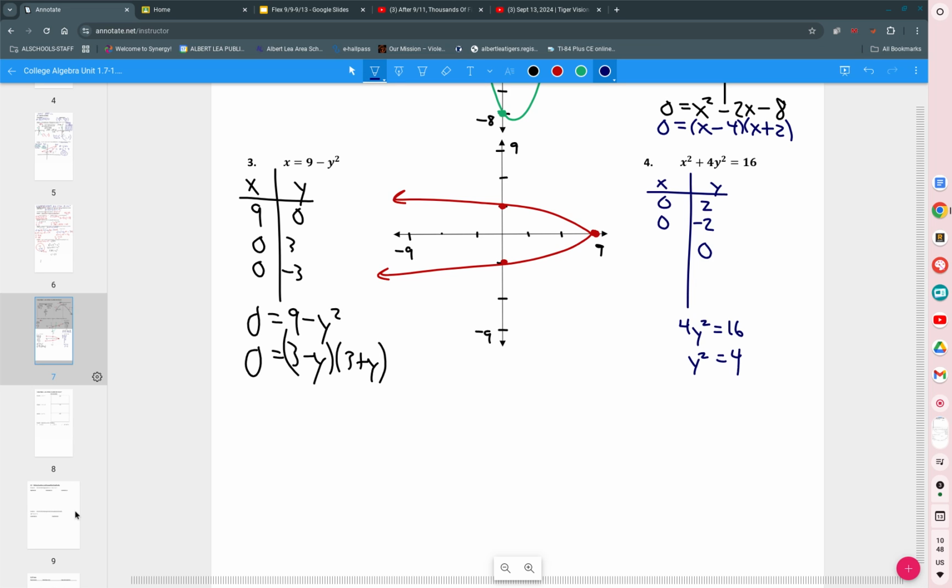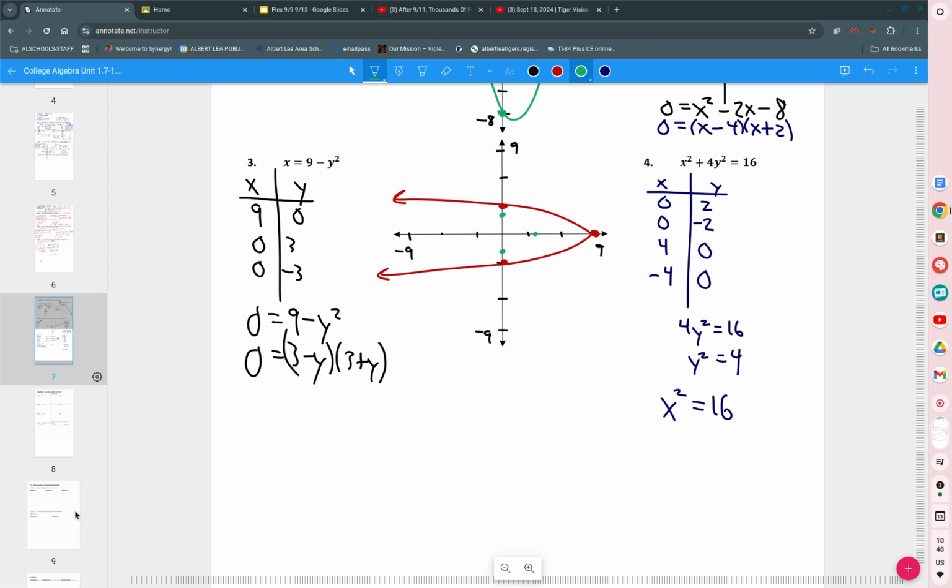And then if you plug in 0 for y in this situation, we get x squared is equal to 16. Notice again 2 solutions of 4 and negative 4. It's okay if we don't know the shape ahead of time. We just plot positive 2 for y and negative 2 for y.